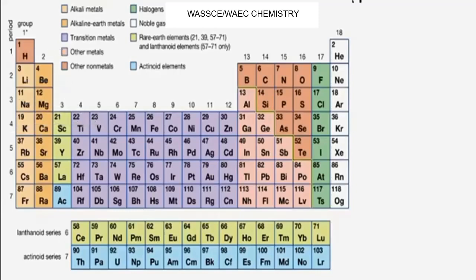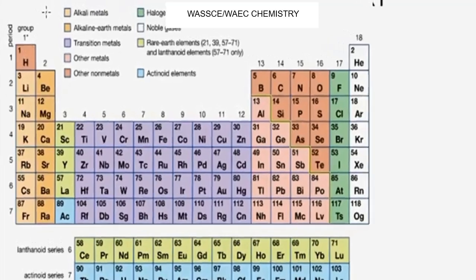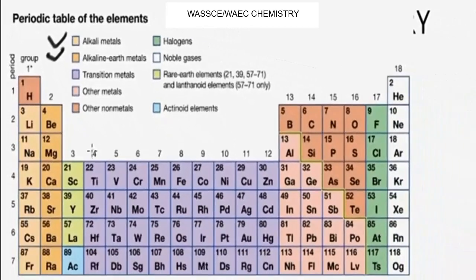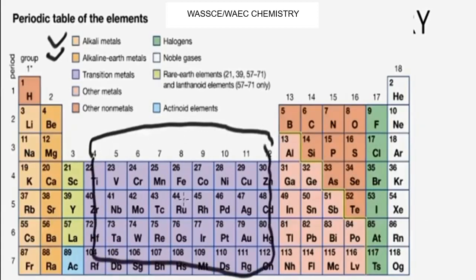Now, the next thing you have to know is what these groups are called. In the periodic table, the group 1 elements are called the alkali metals. Group 2 elements are called the alkaline earth metals. If you check the elements in this block, from here to here, all the elements in this color are referred to as transition metals.